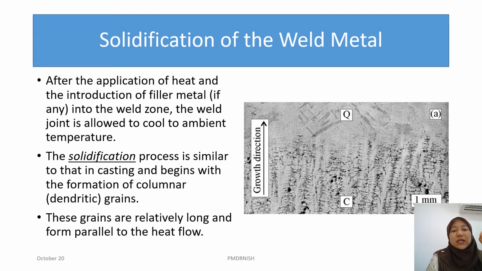It will start with a small spot of solid and then grow slowly into a dendritic structure which has a primary trunk, if we were to compare it with a tree, which branches out into secondary arms. The grains are relatively long and form parallel to the heat flow. So when the heat flows away, the dendrites will grow according to the heat flow.